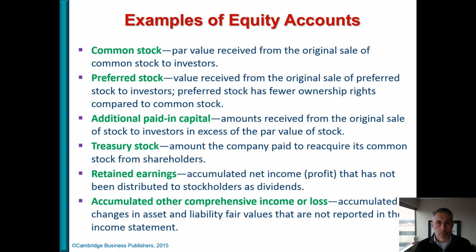Some common rules or covenants or stipulations of preferred stock are oftentimes that they get paid first. They get paid a dividend first. That dividend can be cumulative, meaning that if it's ever suspended for a year, then it's owed the next time dividends are paid before the common stockholders can get paid.